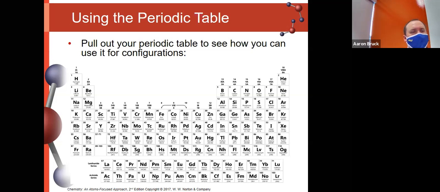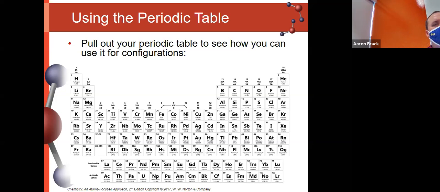If you didn't bring it, find some way to write this down, because the information that I'm going to present to you is going to help you massively in terms of figuring out how to quickly do electron configurations based upon position on the periodic table, as opposed to drawing some sort of funny pyramid or drawing out orbitals for everything and then trying to count out how many electrons there ultimately are.